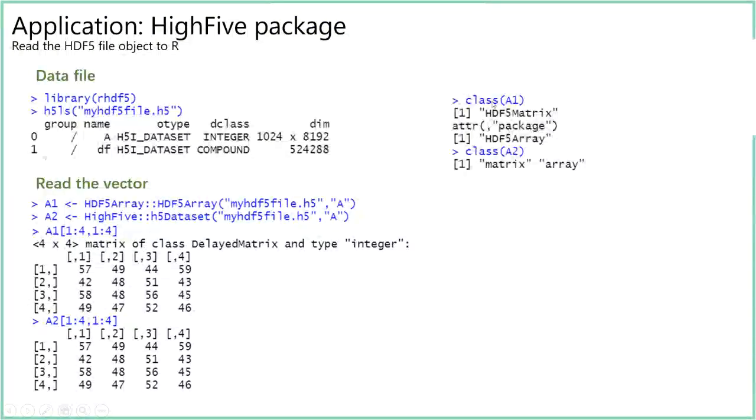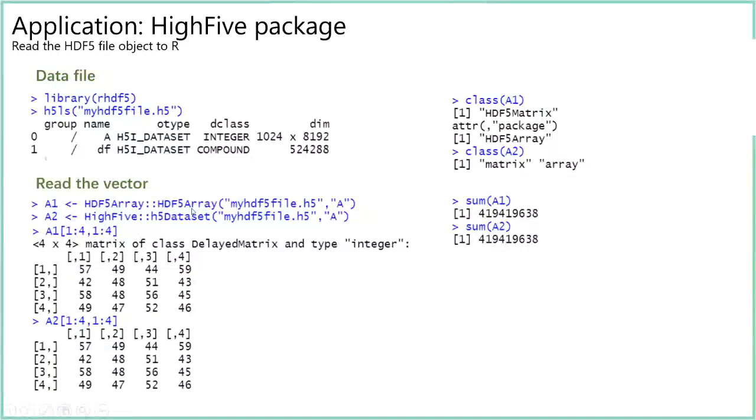You can confirm that by using the class function. A1 is an HDF5 matrix, and A2 is just a matrix. So let's do some operations on the matrix. Let's first do the sum function in base R. And you see they gave us the same result, and that's good.